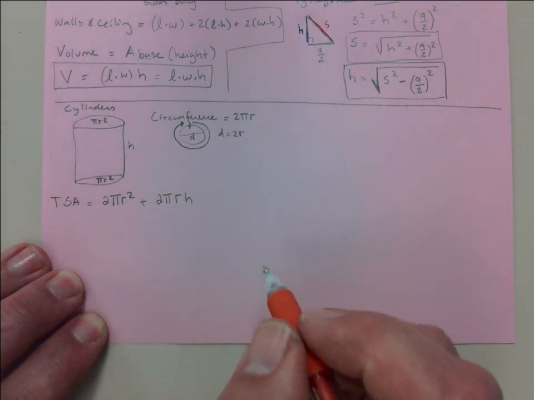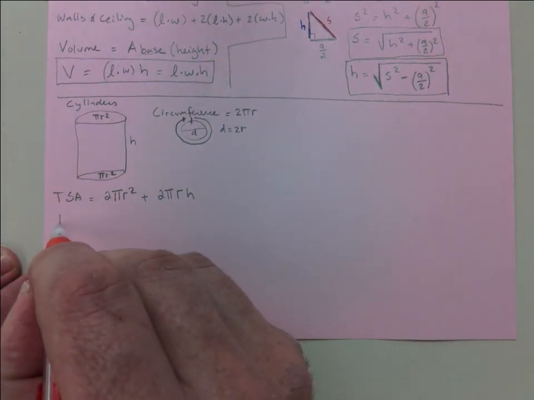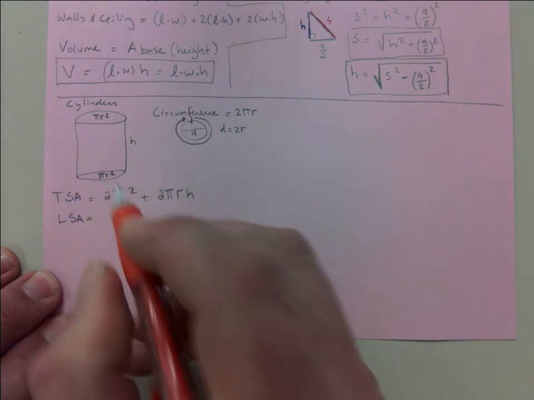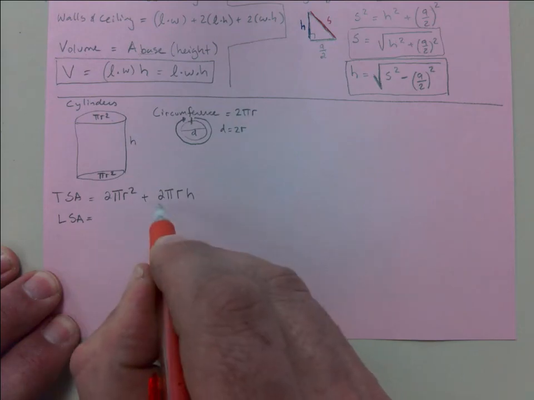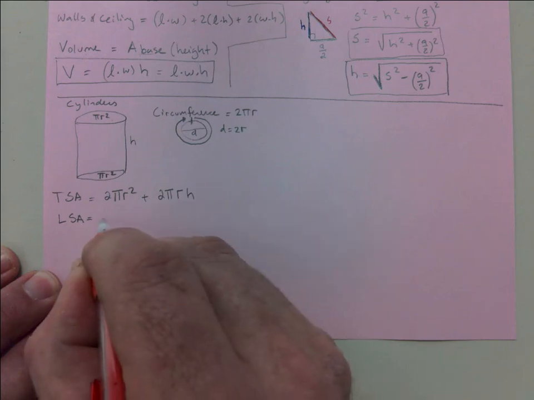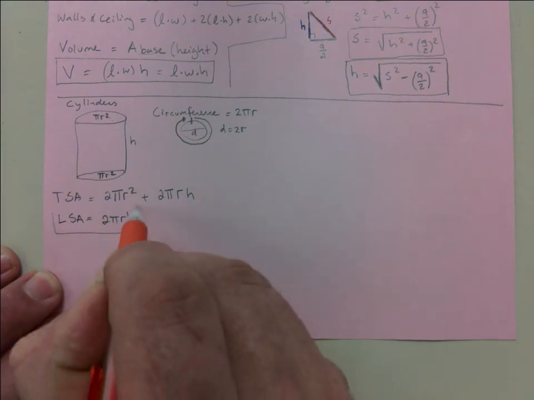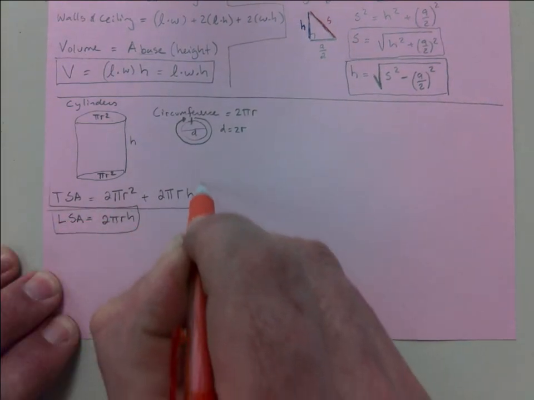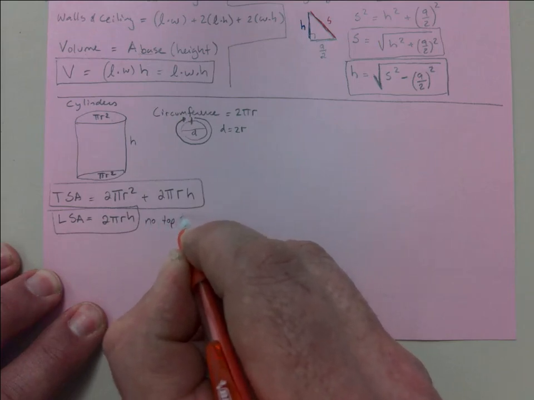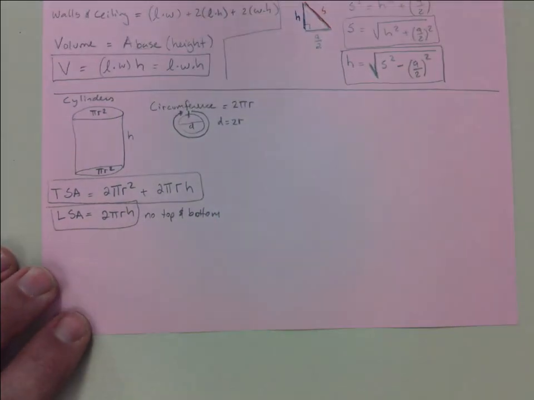I think a lot of you already know this. If all you want is lateral surface area, just the sides, and you don't want the top or bottom, it's simply this: 2 pi r h, that's it. These are formulas that I would definitely have on my study sheet. No top and bottom, so we're going to want to exclude them sometimes.